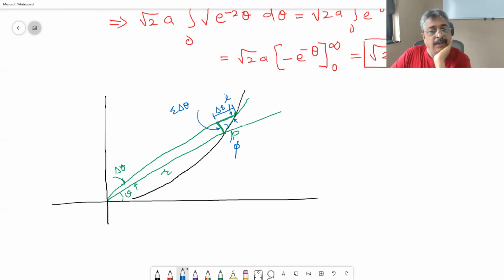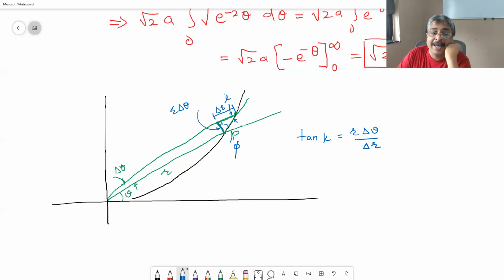So if I write tan of psi, consider this as a right angle, because even if this is an arc, it is as good as a straight line when delta theta is very small. Therefore tan of psi is equal to r delta theta upon delta r.